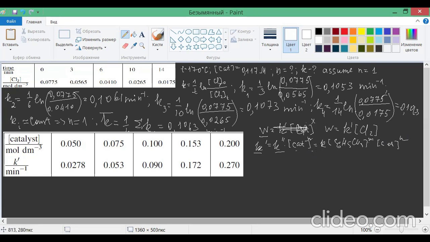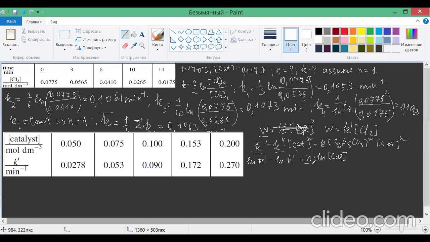If we take the natural logarithm of both parts of this equation, we get the following. Natural logarithm of k prime is equal to the natural logarithm of k double prime plus n times the natural logarithm of the concentration of catalyst. And we need to find n.